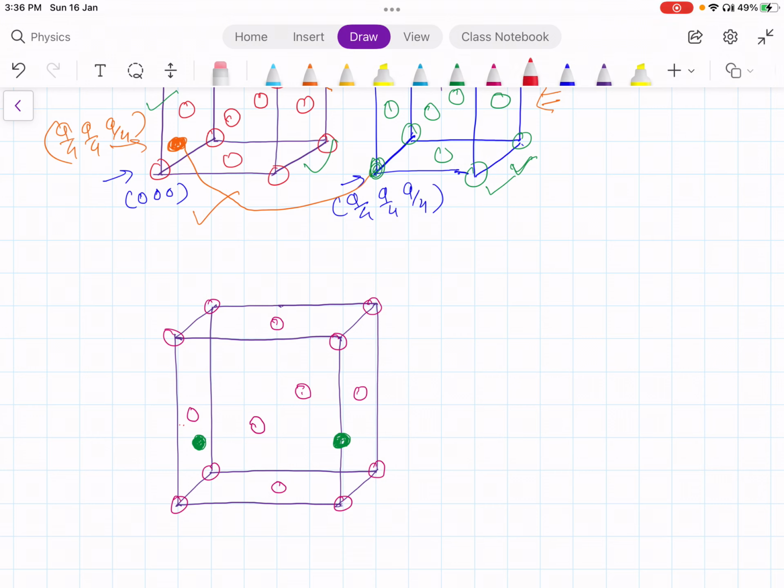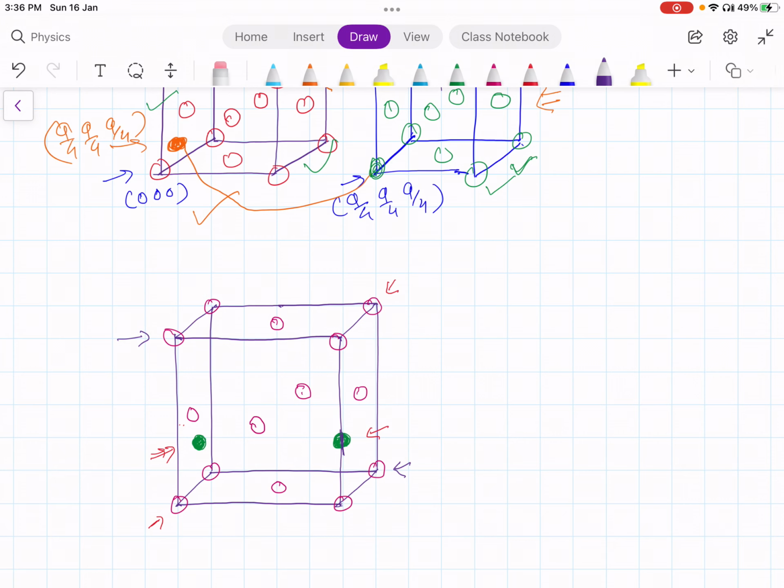Now this atom, the first atom is this one, and this is along the body diagonal when we connect this atom with this atom. Then this atom is along the body diagonal drawn from this atom to this atom.